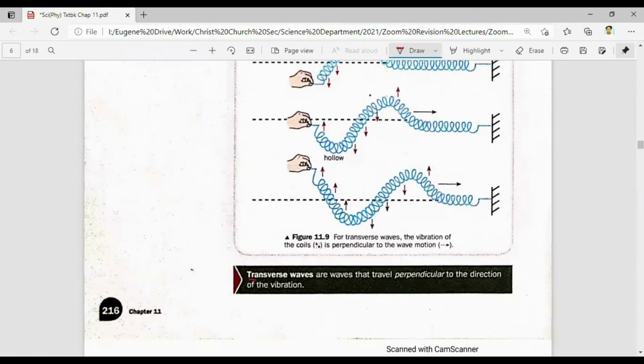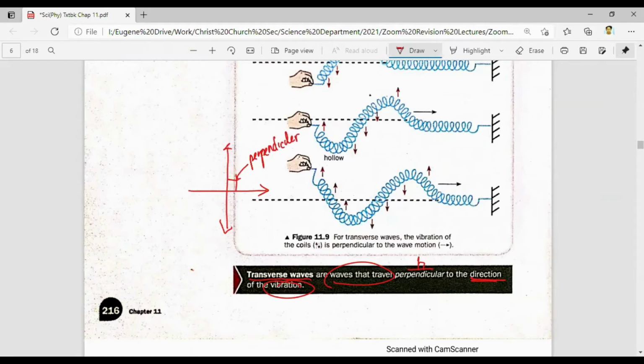So why do we call this a transverse wave? Do take note: it is because the wave travel is perpendicular to the direction of the vibration. In this case, the wave is going towards the right, and the vibration is up and down. Can you see the perpendicular? 90 degrees.